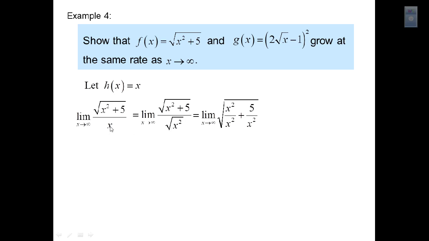The x is nothing more than the square root of x squared. We know that. So now, if we put this fraction together, remember we can divide this into both parts up there. So x squared into the square root of x squared gives us x squared over x squared, and then 5 divided by the square root of x squared gives us 5 over x squared inside the radical. Then as we take the limit, what's going to happen? Well, this is going to equal 1. This is going to go to 0. So we end up with a limit of 1.